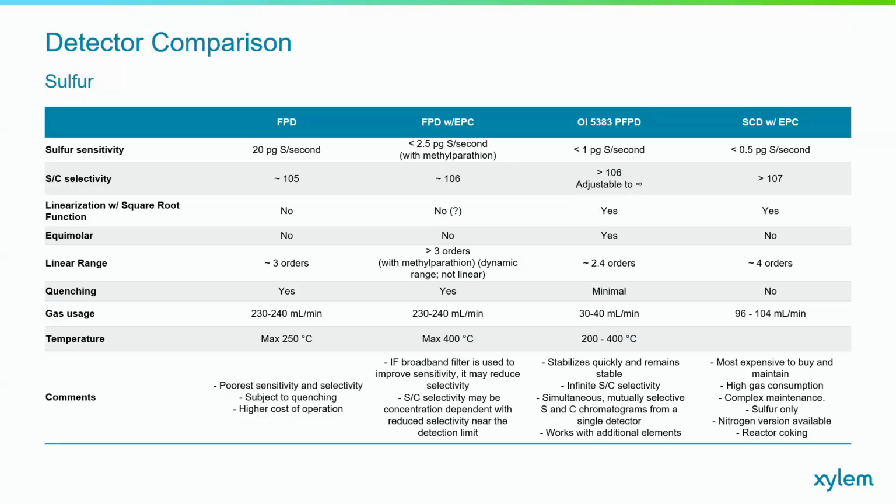So you can see here that without compromising selectivity, and while adding a linear response feature, which allows you to produce an equimolar response, you're still getting just as great detection results, and you can do simultaneous mutually selective chromatograms with a single detector.